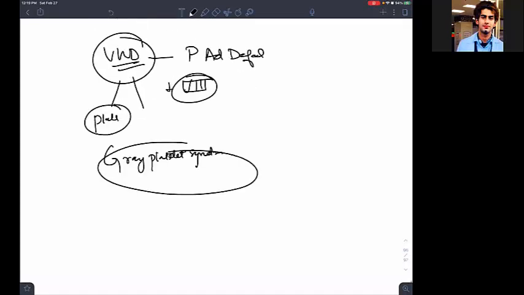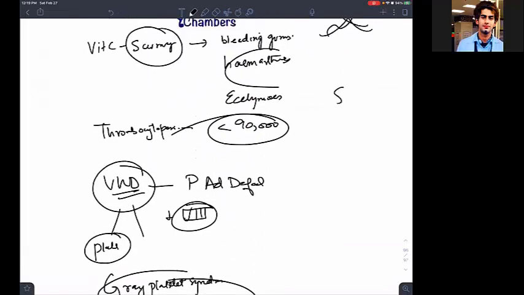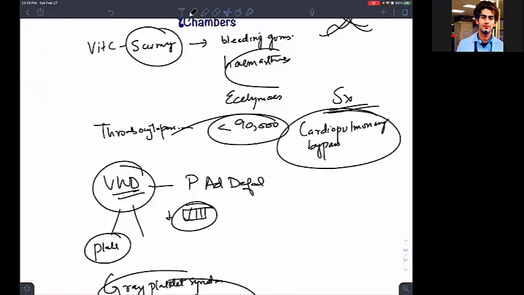By the way, if I connect something here from surgery, when we are doing a cardiopulmonary bypass surgery, I am having more destruction of platelets.